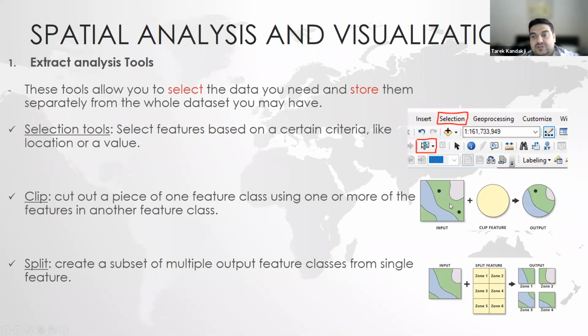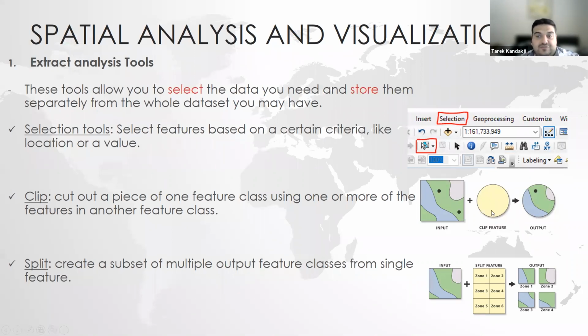Let's say you have roads. Or let's say you have Africa, this is the Africa map, and you want Egypt only. This is because this layer has a lot of information that you want, but you have it for all Africa and you only need Egypt.